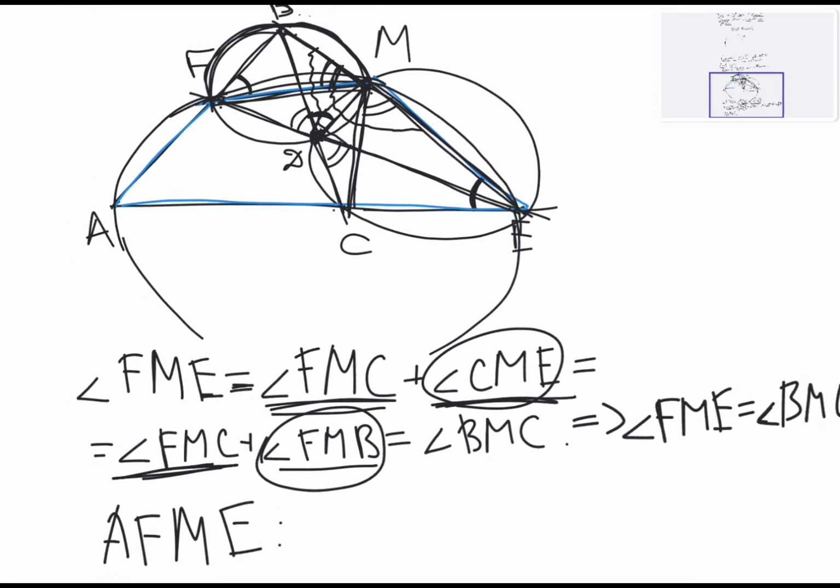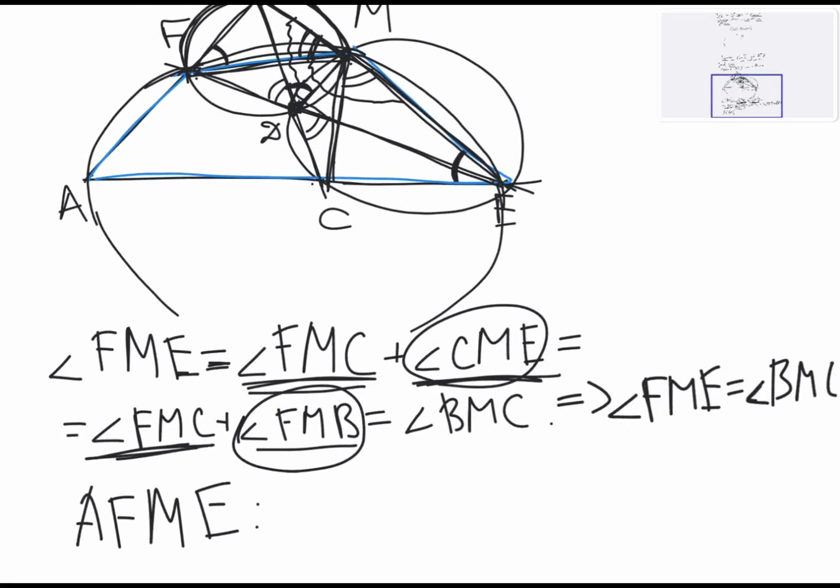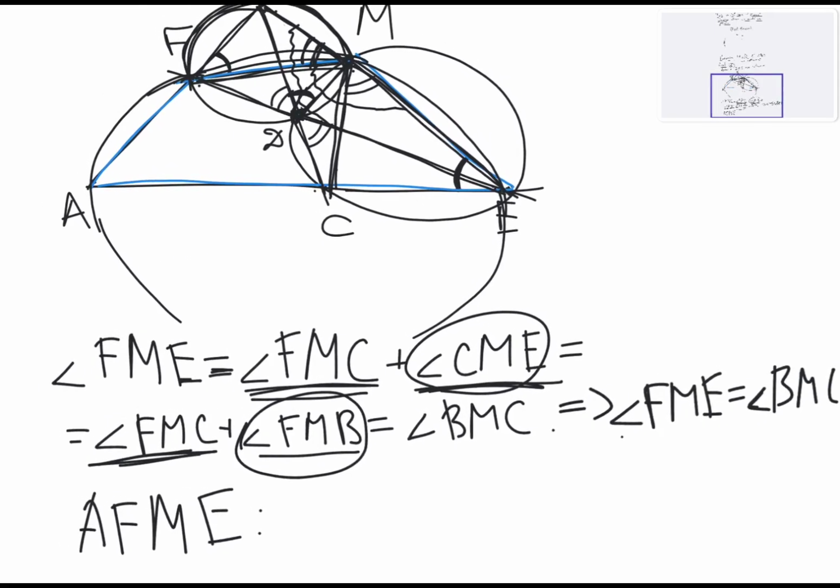In this quadrilateral, FME is one of the angles at the vertex M, right? Because it's an inscribed quadrilateral, the opposite angle must be 180 degrees minus FME.